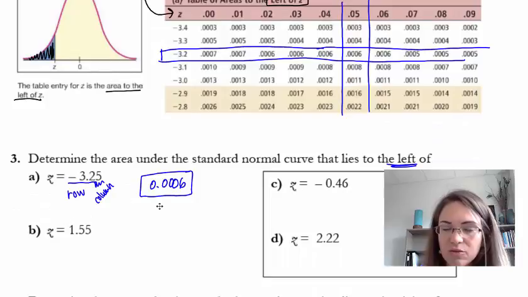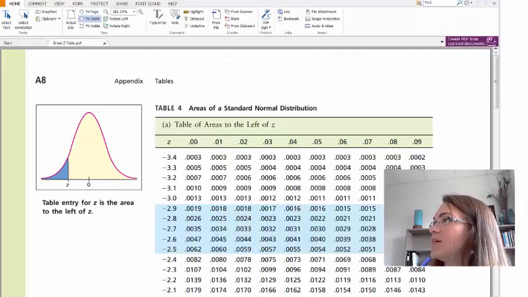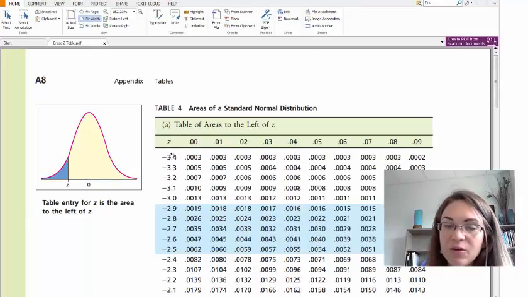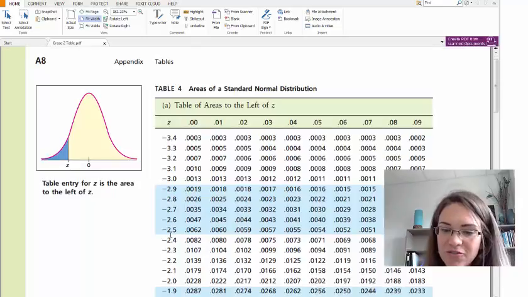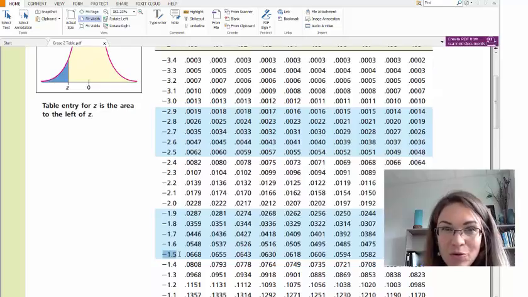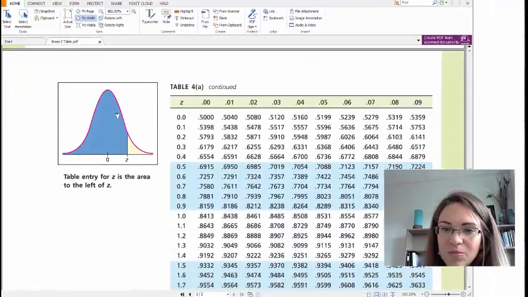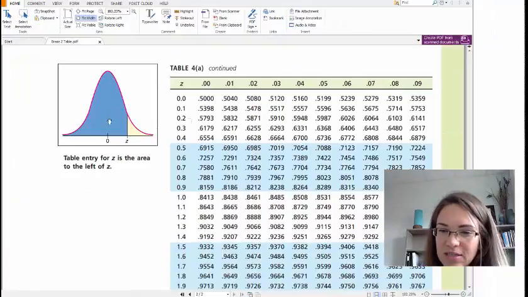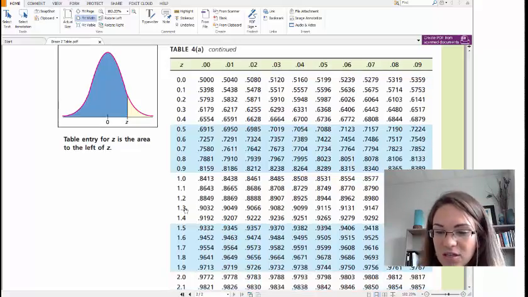So for z equals 1.55, I'll pull up my expanded table here. Now the z value is positive, so I need to find on the left where I can get 1.5. Here I have 1.5, but it's negative, so it won't give me the proper value. If you flip your table over, if you printed it on two sides like I do for my class, now we have positive values of z, and the picture still shows area to the left of z.